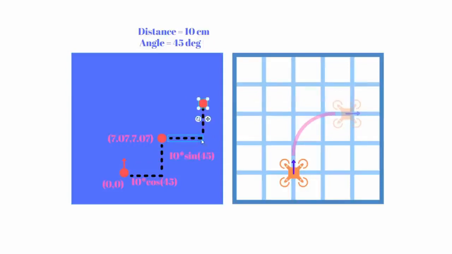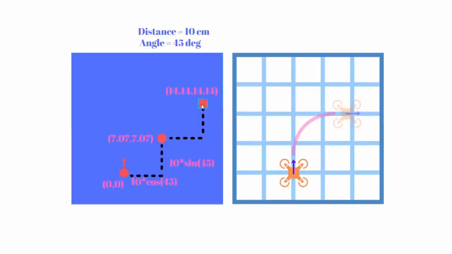And then we will have the same calculation, but this time we will add our previous value to it. Earlier we had 0, 0, so we didn't add anything, but this time it will be 7.07 plus 7.07, which gives us 14.14. So this coordinate here will be 14.14 and 14.14.